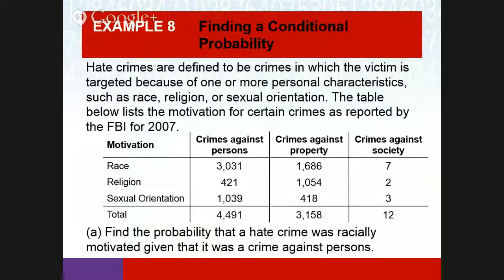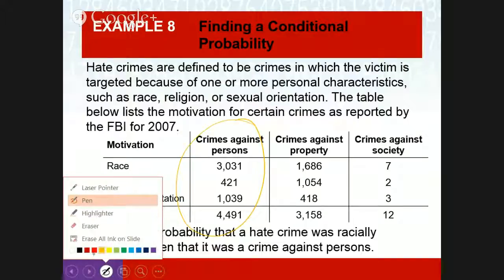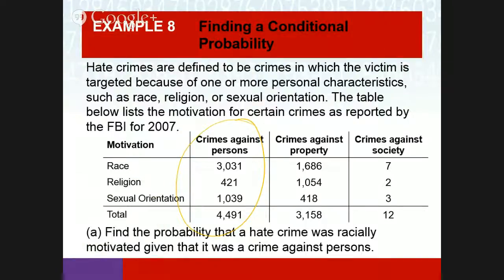So here it's reading the graph. Find the probability that a hate crime was racially motivated given that it was a crime against a person. I only care that it's a crime against a person, and that it was racially motivated out of the total crimes against people. So this is going to be 3,031 divided by 4,491. That may or may not simplify.